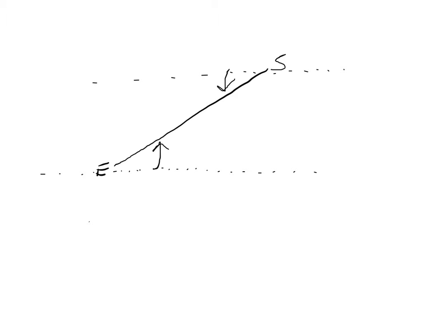And since horizontal lines are parallel, we can see from our alternate interior angles that an angle of elevation and an angle of depression are going to be congruent alternate interior angles. And again, reminder, angles of elevation and angles of depression are always measured to the nearest horizontal line.